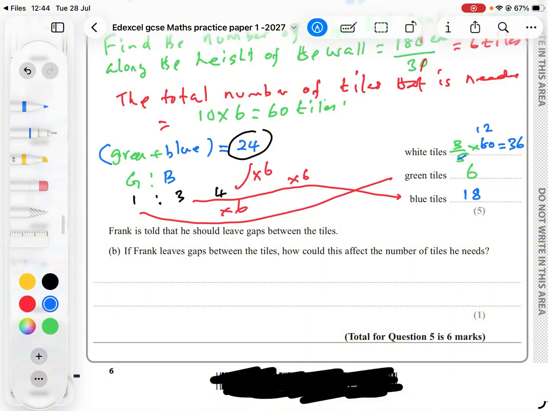Okay, less, isn't it? So you can say fewer tiles will be needed.